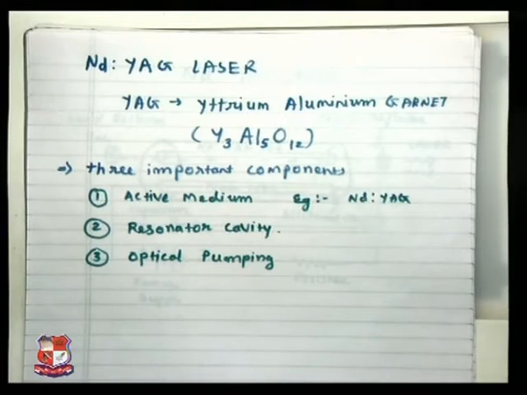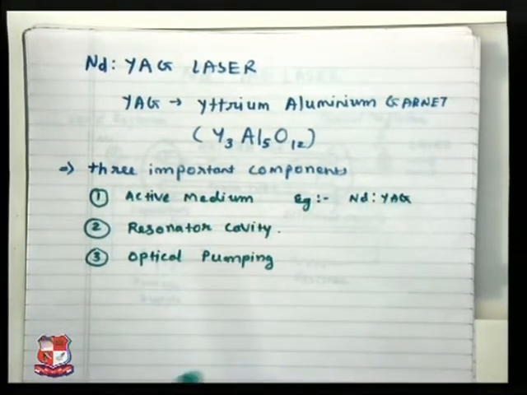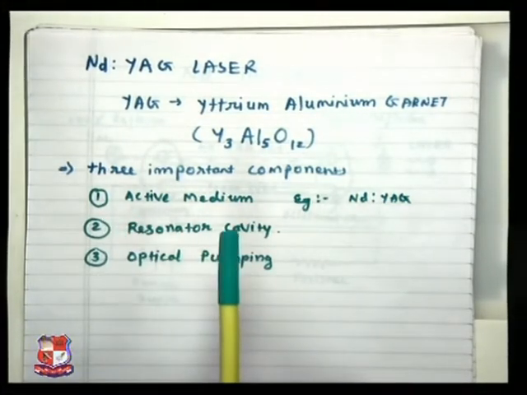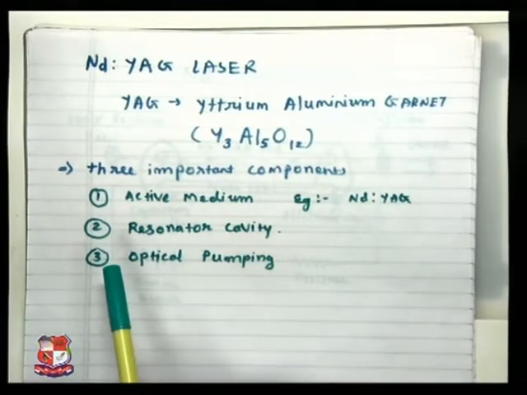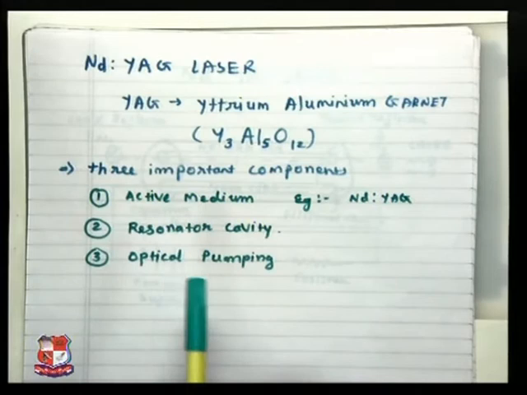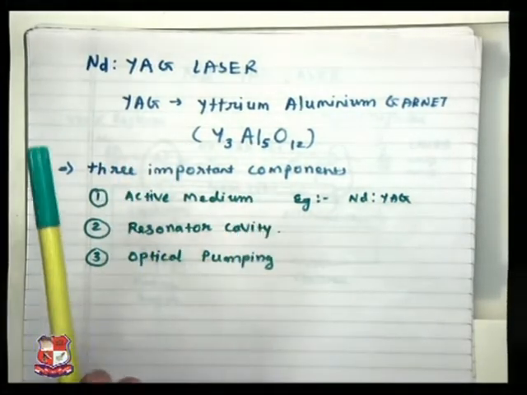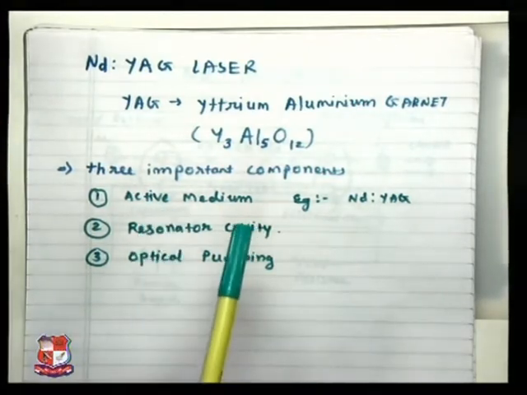To obtain stimulated emission, three important components are needed. First is the active medium, second is the resonator cavity, and the third is optical pumping. While writing, you have to describe these three components. The first is the active medium.